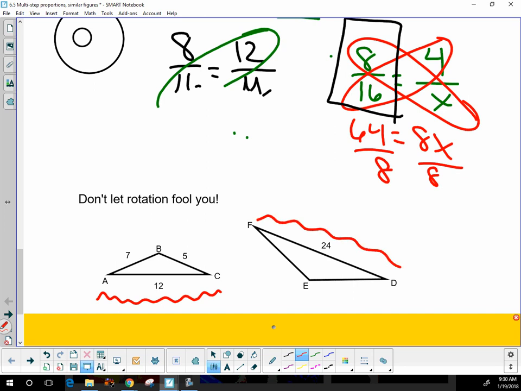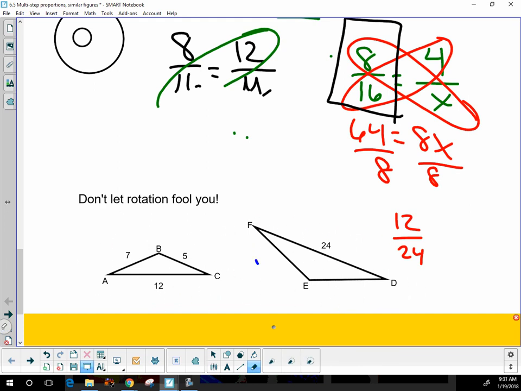Okay, so we know that, once again, everything is doubled. 12 to 24. And now you have to figure out what BC corresponds to, and what AB corresponds to, because one of these sides is 10 and the other one isn't. So which one goes with which? We have to figure out what the actual flip is here.